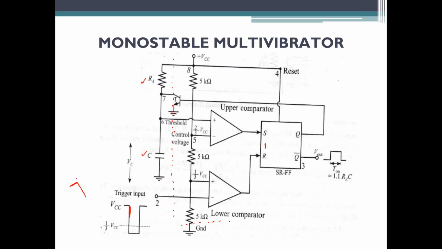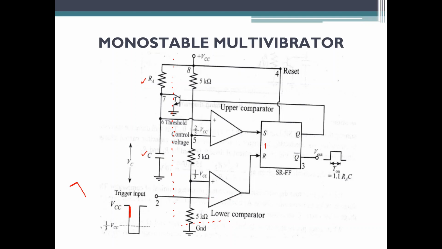When the decreasing trigger input is applied to the comparator, the circuit remains unchanged and no changes happen until the voltage you have applied goes below 1 by 3 VCC. That is the voltage applied to the inverting terminal of the lower comparator.